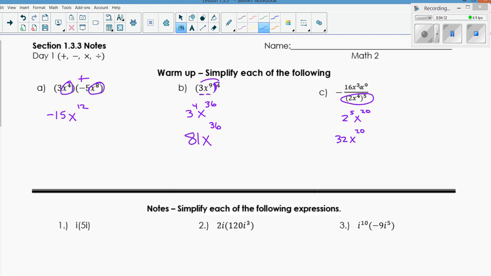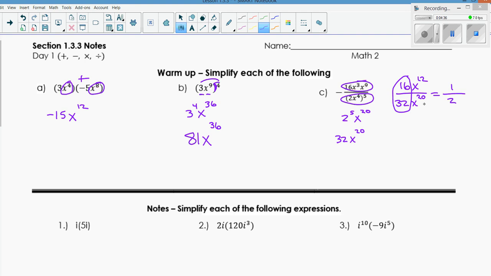The top part, I can combine and get 16. x to the 3rd times x to the 9th means x to the 12th. And then I get 32x to the 20th here. 16 and 32, just treat it like a fraction. That's 1/2. So 1/2.